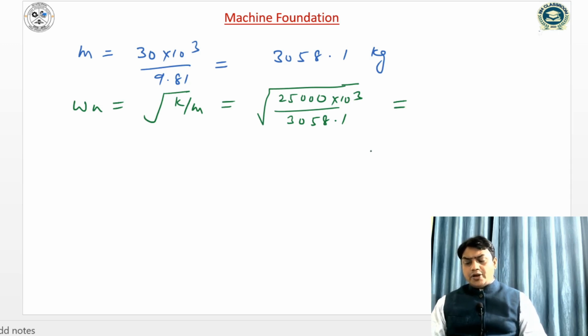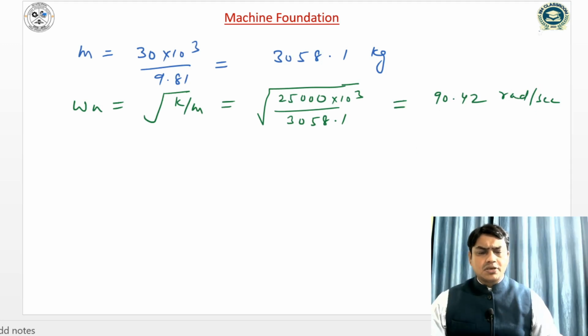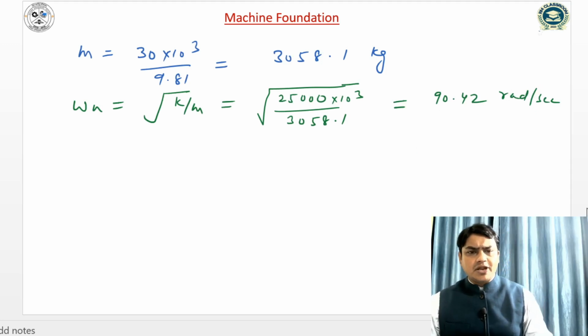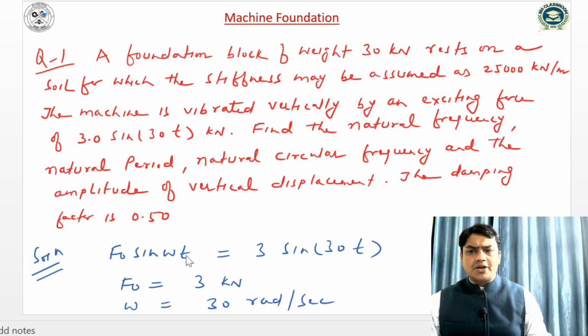So it will be 90.42 radian per second. So natural circular frequency is coming 90.42 and operating frequency is 30 radian per second.